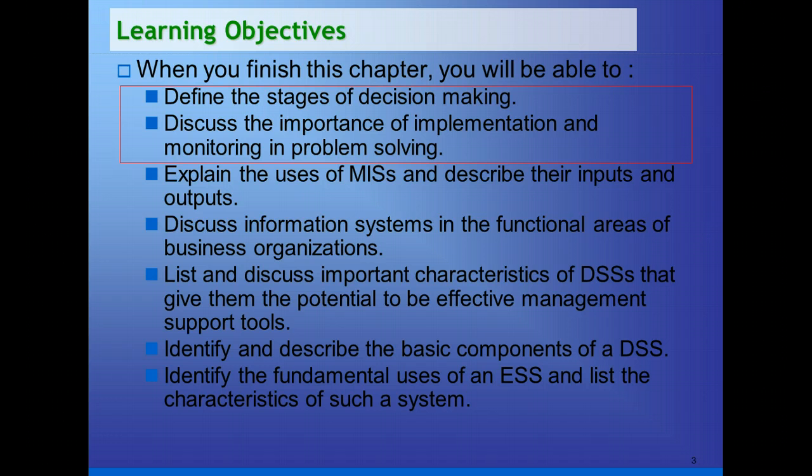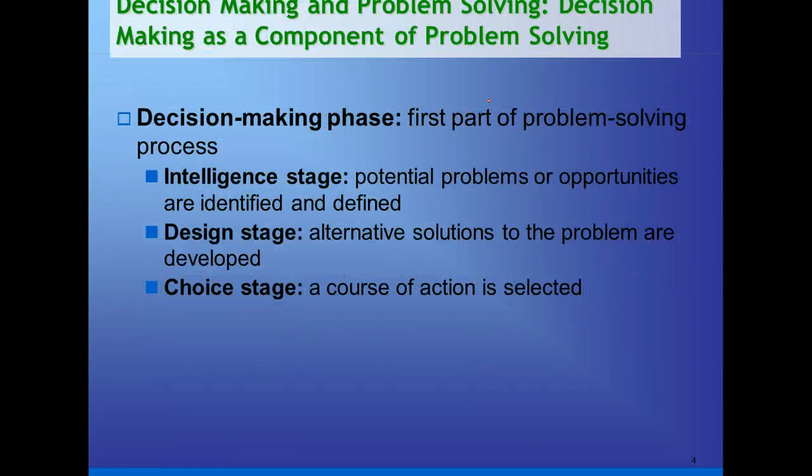So we will first talk about defining the stages of decision making. Now there are several phases in decision making. This is the first part of the problem solving process.